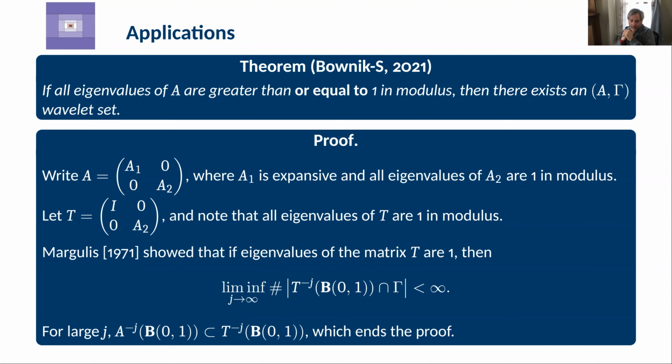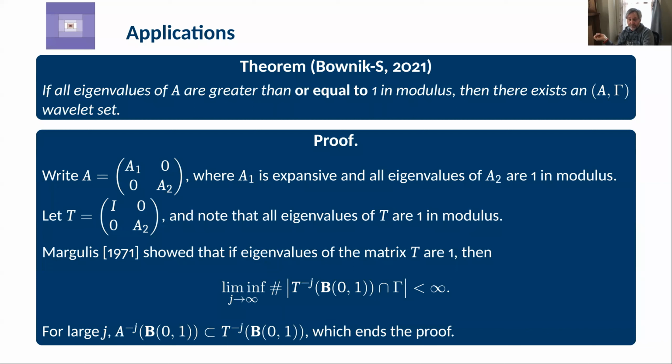Then we apply a theorem of Margulis from '71, known as Margulis' lemma, that is exactly what we need: the limit of this thing is finite. This was the only theorem in that paper, and it turns out to be the exact thing we need to finish the proof.